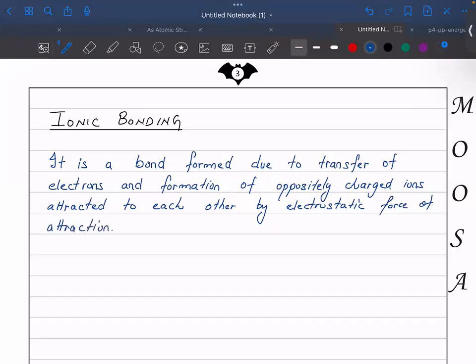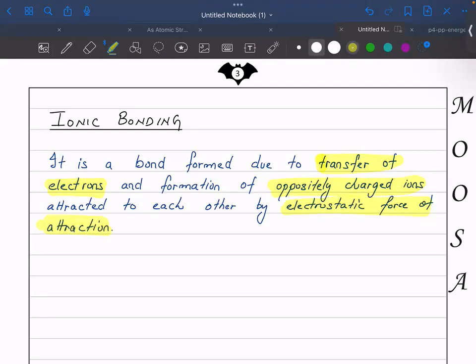It is a bond formed due to transfer of electrons and formation of oppositely charged ions attracted to each other by electrostatic force of attraction.